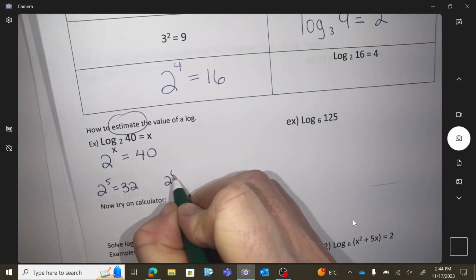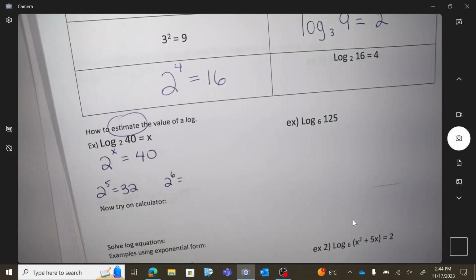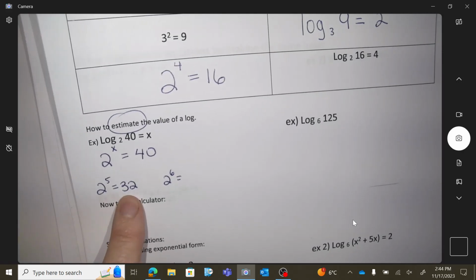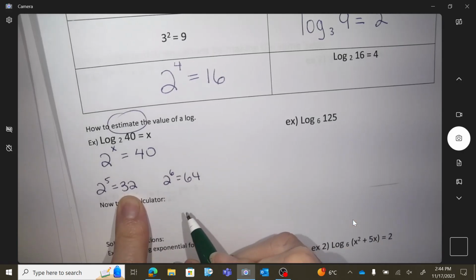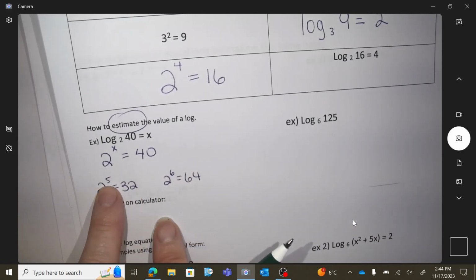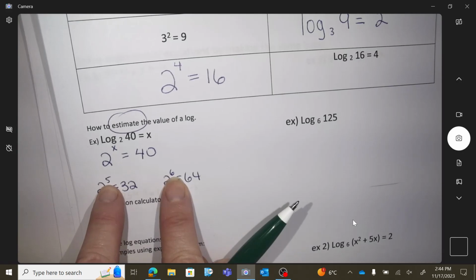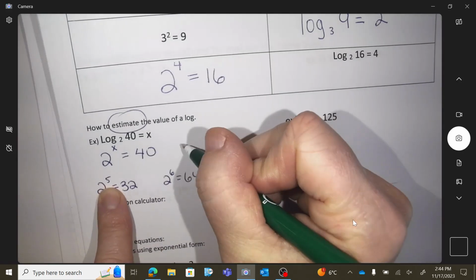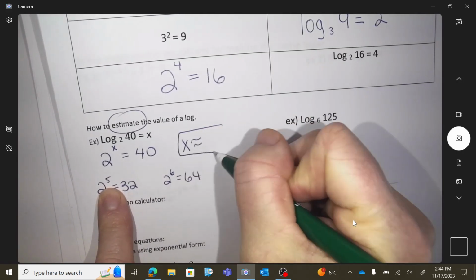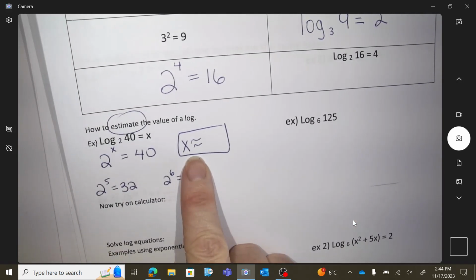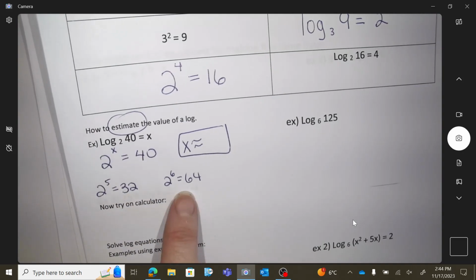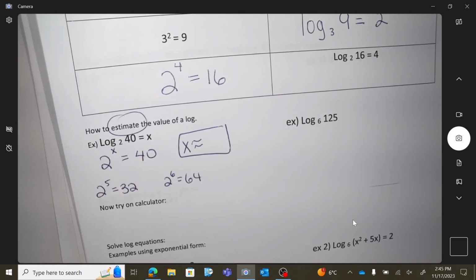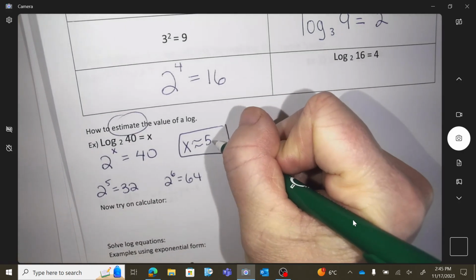What would 2 to the 6 be? Can you multiply this by another 2? 64. So the exponent on this was 5, the exponent on this was 6. Does anybody want to estimate the value of this x exponent to get to 40, to one decimal place? 5.3.